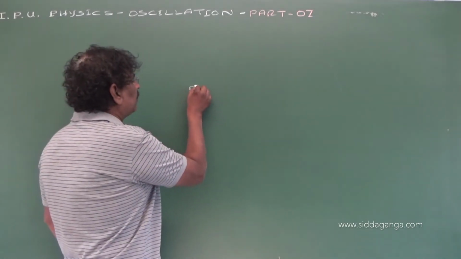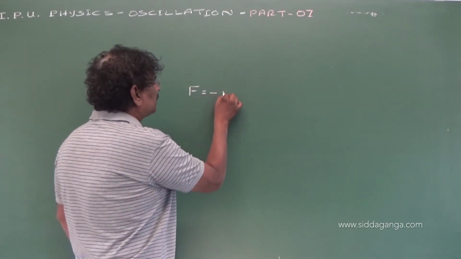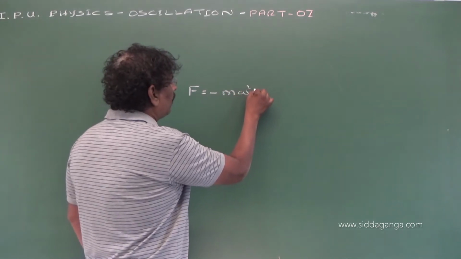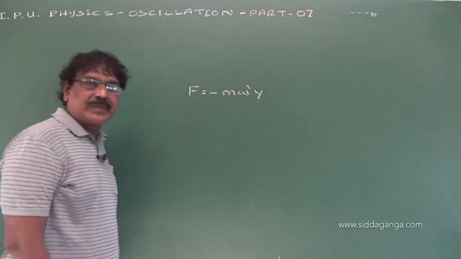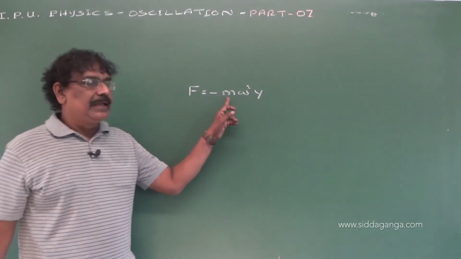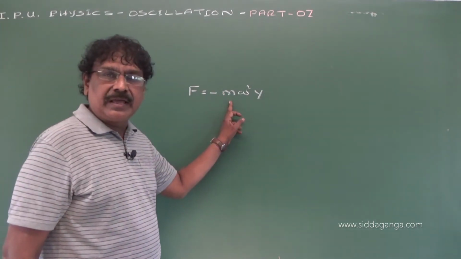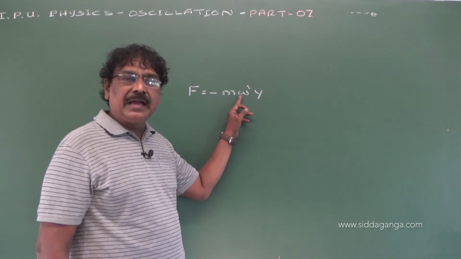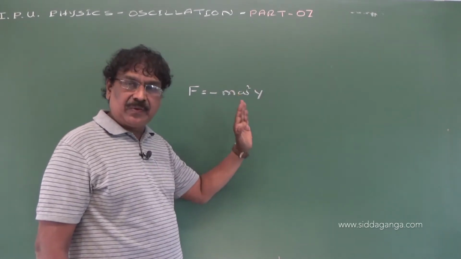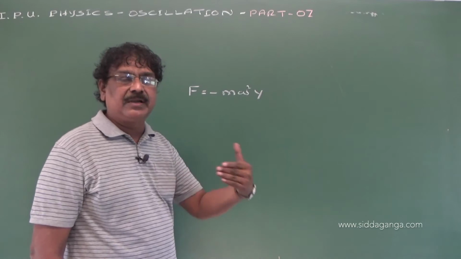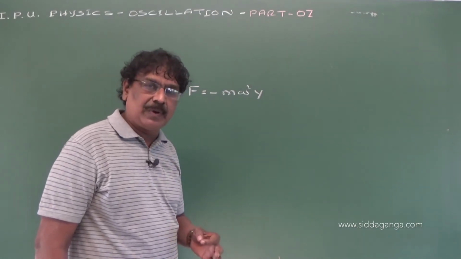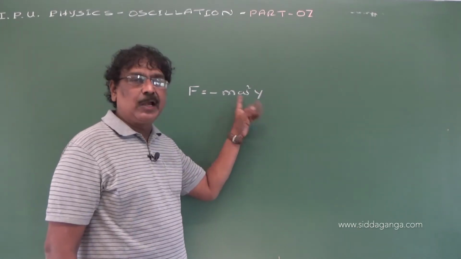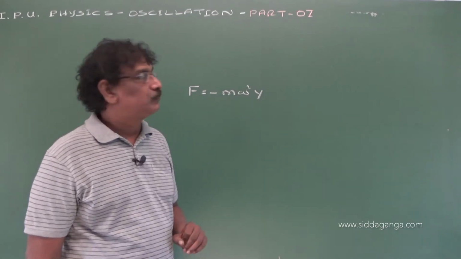So F is equal to minus m omega square y, where m is the mass of the body executing simple harmonic motion, omega is the angular velocity of the body, that is equal to 2 pi f or 2 pi by T, and y is the displacement.